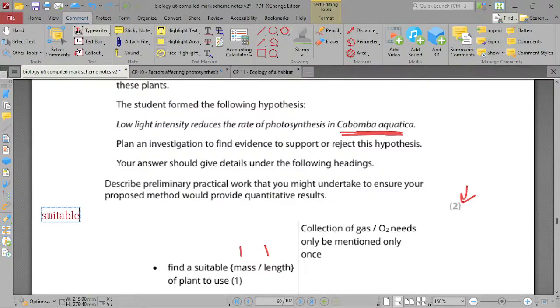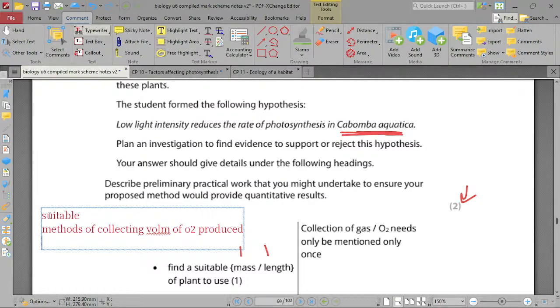So we could do suitable methods of collecting the dependent variable, which in this case is collecting the volume of O2 produced.